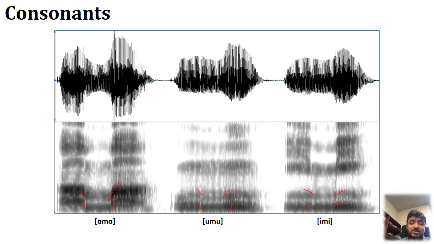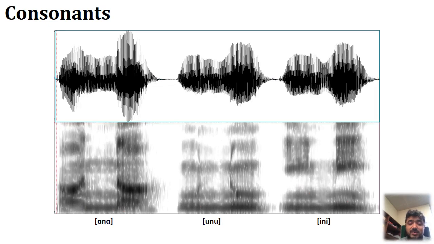So this is your nasal consonant ma. This is your nasal consonant na, and again you see these closures, but the closures have formants. That indicates that these are nasals, but the transitions here are different, indicating an alveolar place instead of a bilabial place.